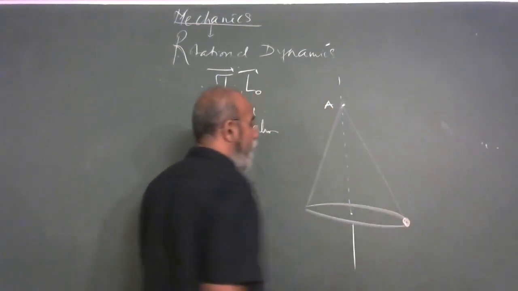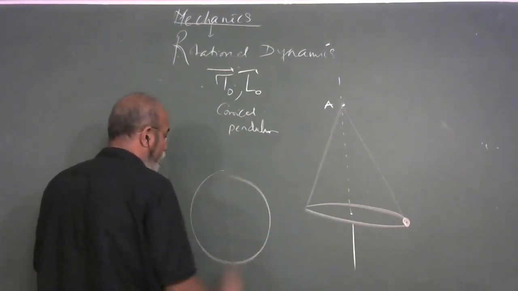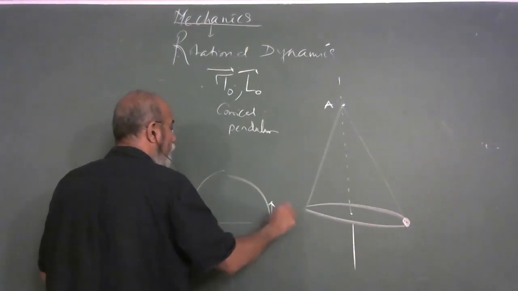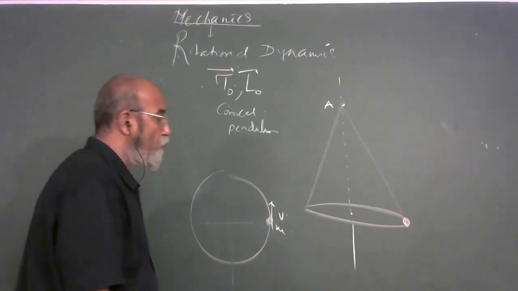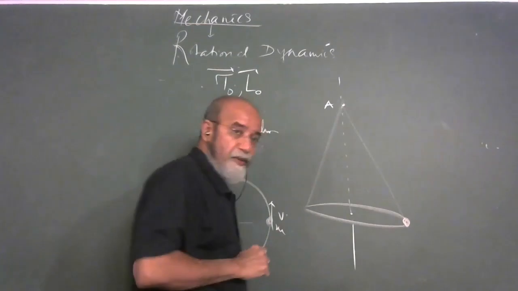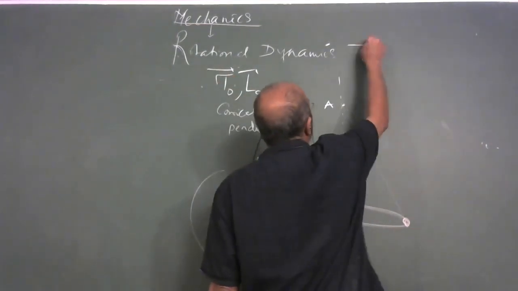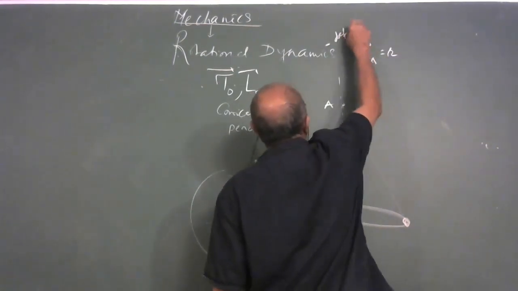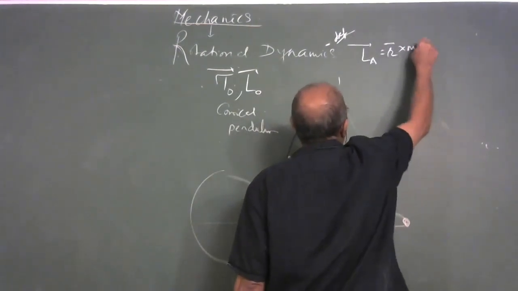Let us take this position. Now I'm not taking this as the reference, this is the reference. L about A. I wrote down the definition, R cross MV.